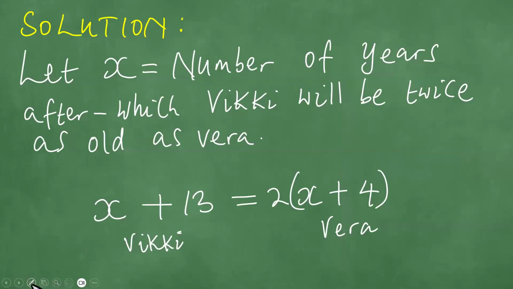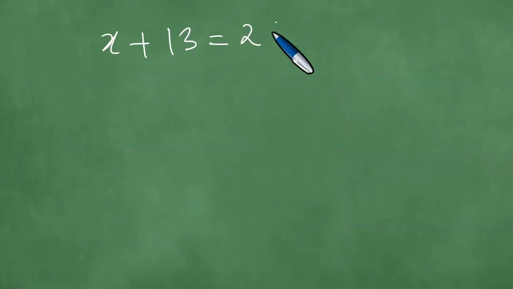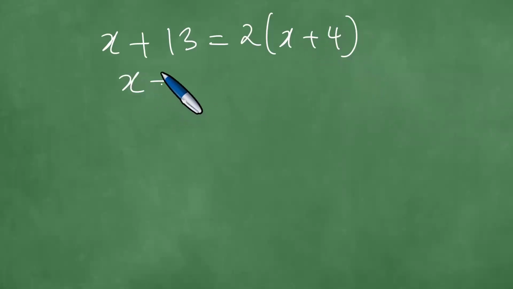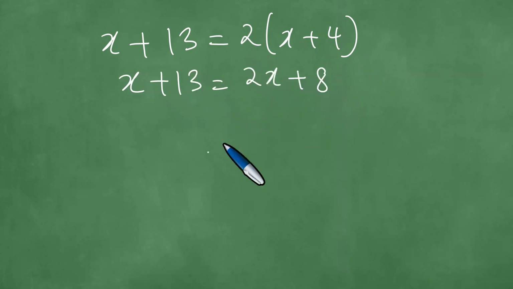So we have x plus 13 equals 2 times x plus 4, which means x plus 13 equals, when we distribute, 2x plus 8.